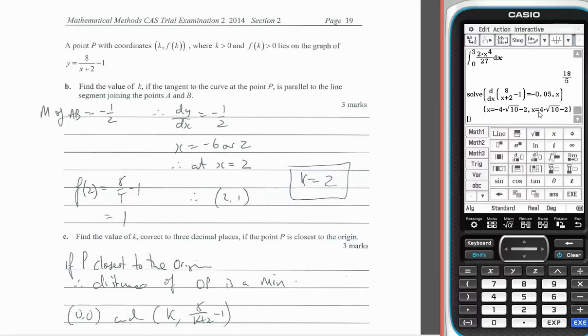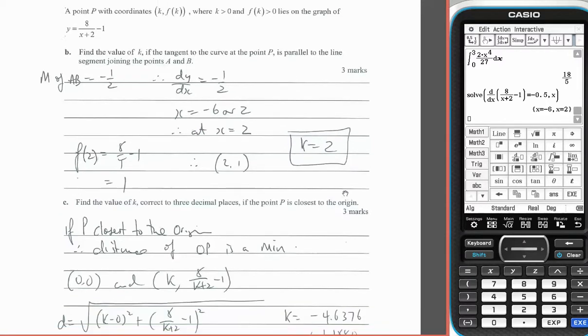That gives me two answers, negative 6 and 2. Since k goes between 0 and 6, 2 is my answer, so k equals 2.